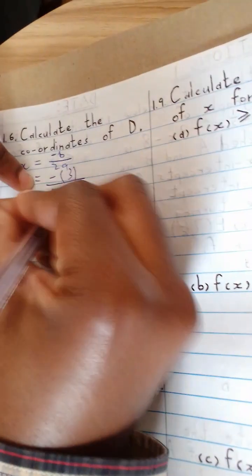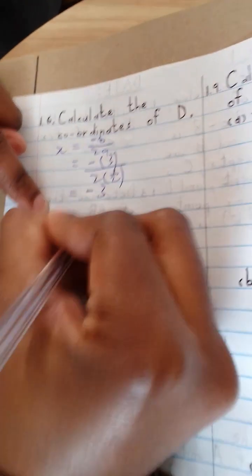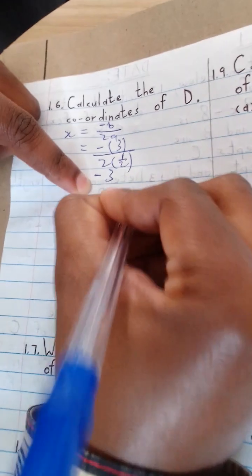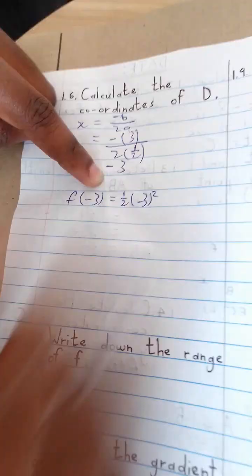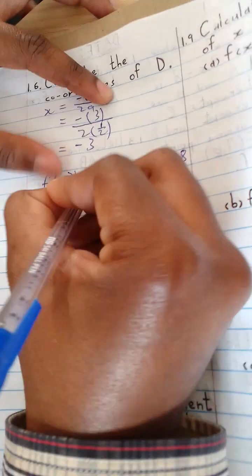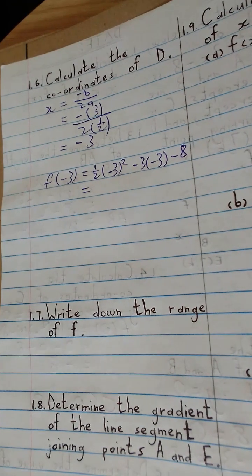So x is negative 3. Then we need to calculate f of negative 3, which is half negative 3 squared minus 3x minus 8. Just work it out.